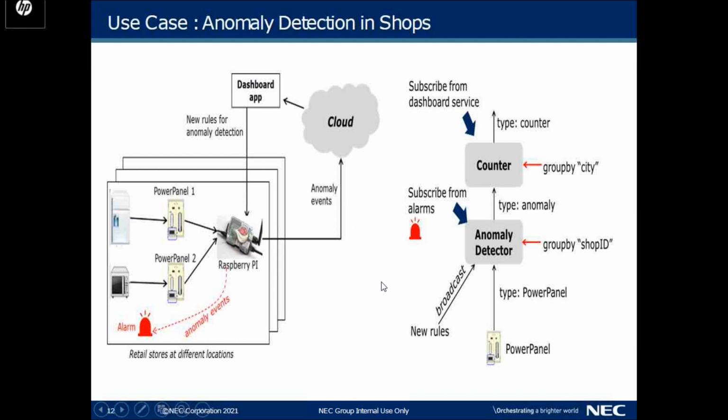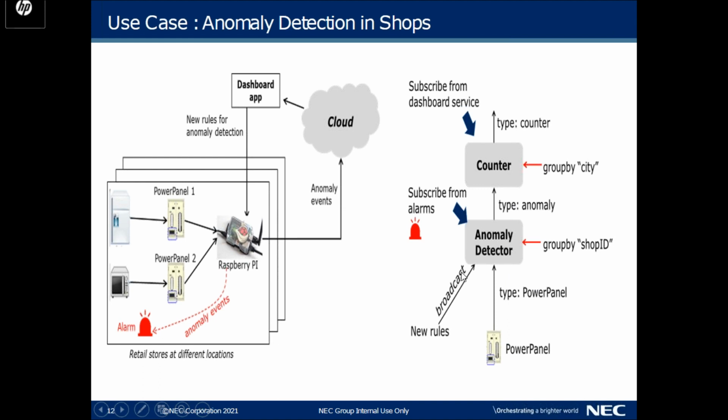Going to the next slide, this is the diagram showing how you can visualize it. This is a fridge, a refrigerator, and this is a microwave. These are connected with two panels and one Raspberry Pi. You can also deploy FogFlow on a Raspberry Pi; we have a build available for that. It will go to the dashboard and then the cloud. This is basically the execution, how the operators are connected.